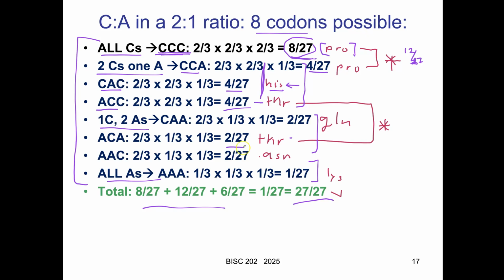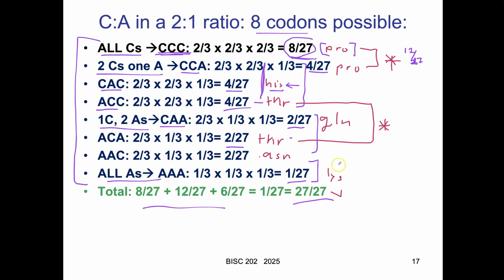Hopefully you see where we're going with this. And then having 2 A's and 1 C, we'd see 2/27ths of glutamine and 2/27ths of asparagine. And again, we don't know which is which, but we know that it's 2 A's and 1 C.